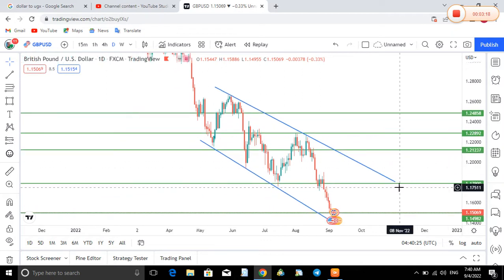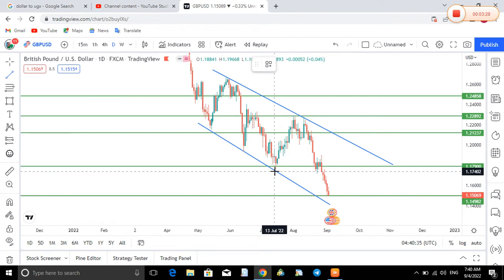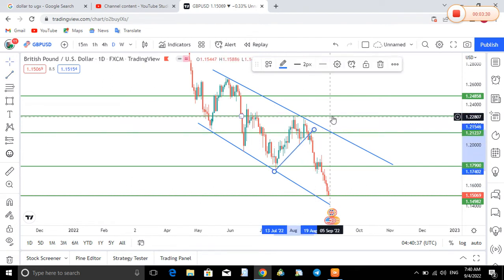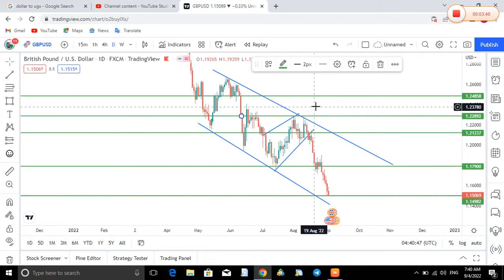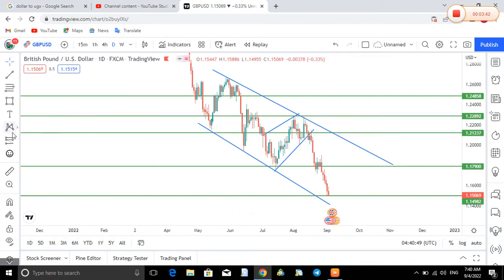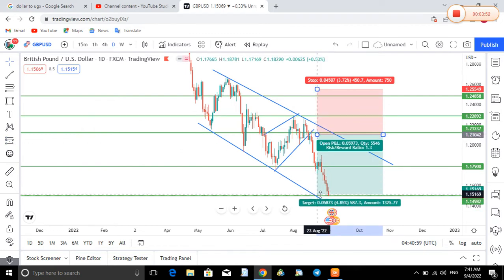Now in a daily time frame, you can see we still have huge pressure from the sellers, because before the market dropped like nothing, we experienced a sort of like a bearish flag, so this bearish flag pushed the price all the way from this level up to this level.